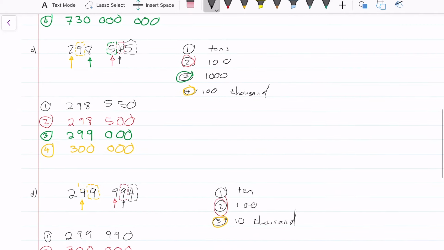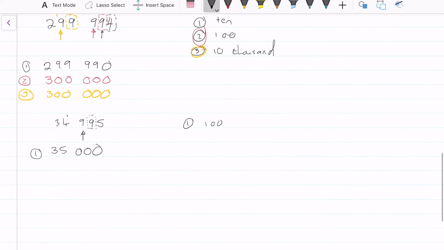Actually, right before that, something interesting that you should know is that 50 is equal to 050 is equal to 00050. So having zeros at the front has no effect on your rounding.